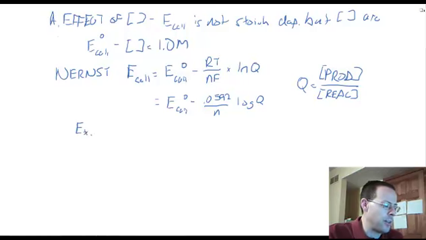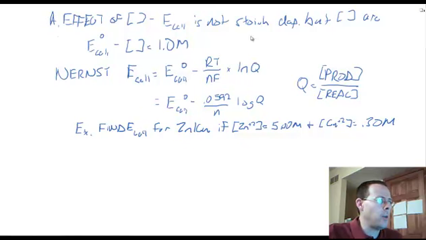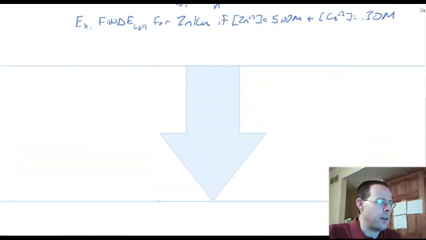So our first example is: find E cell for our zinc copper cell if zinc ions equal 5 molar and the copper ions equal 0.30 molar.